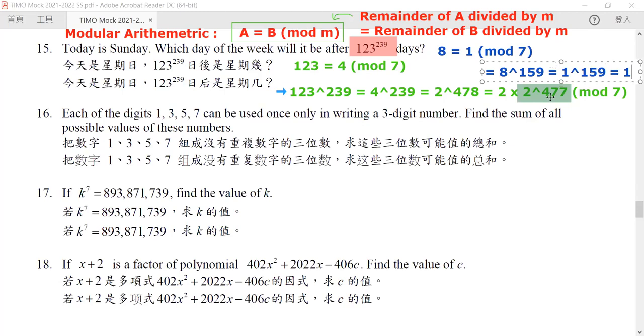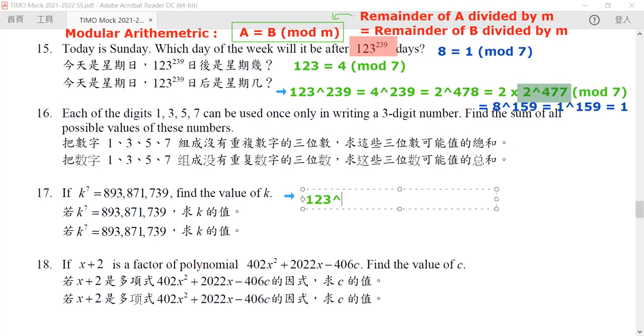So by replacing them, we know that the whole thing is equal. Hence, we can rewrite our equation in the following form. 123 to the power of 239 is equivalent to 2 times 8 to the power of 159. But the latter part is equal to 1.